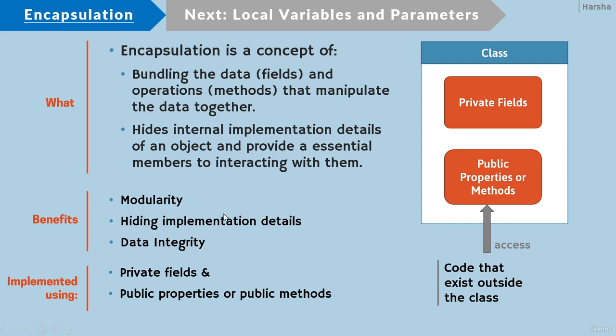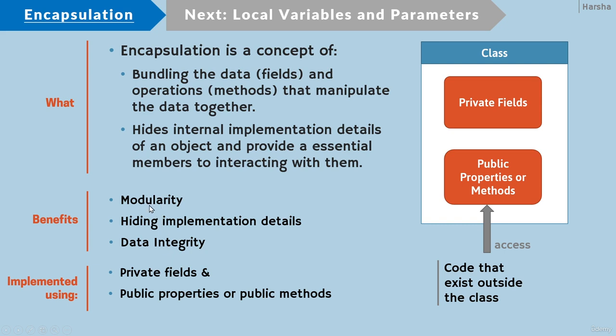The code that exists outside the class can access only the public fields and methods, but cannot access the private fields and methods. But these private methods can be called indirectly as a part of the public methods. And even the private fields can be accessed inside the public methods or in the private methods.